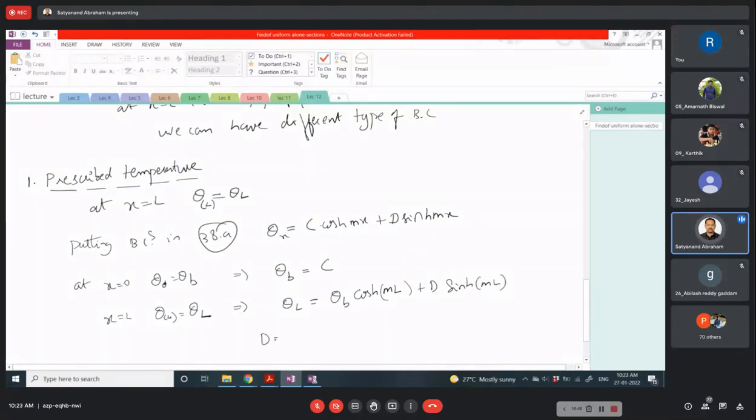So from here, we get D as theta L minus theta B cosh mL, divided by sinh mL.